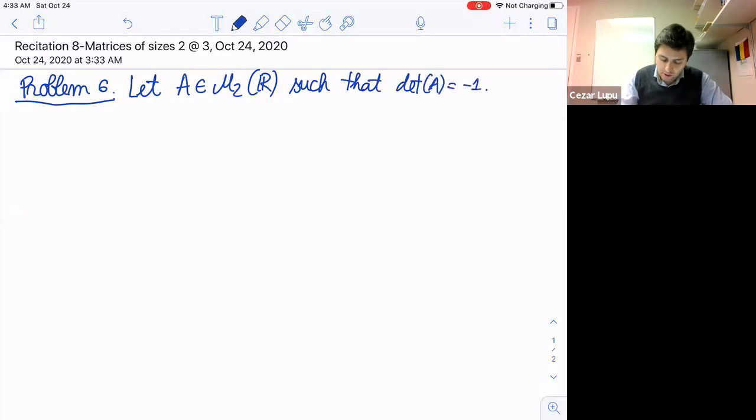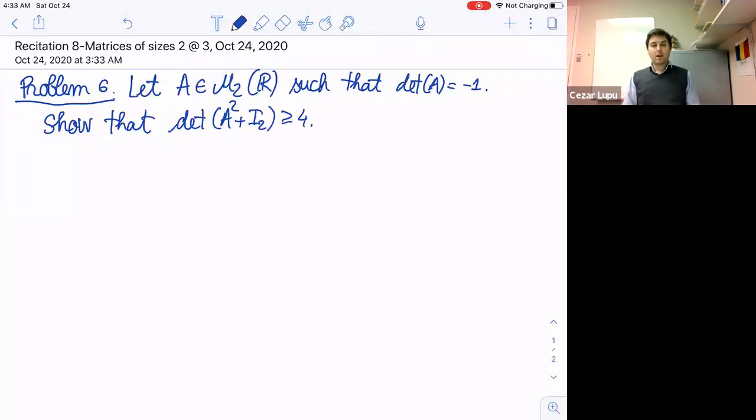We are asked to show that the determinant of A squared plus the identity is greater or equal than 4. And we would like to see when that 4 is attained, so when we have the equality case.